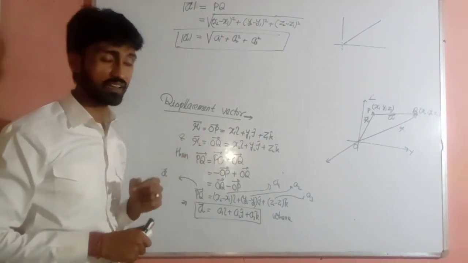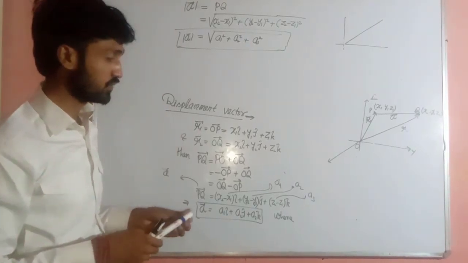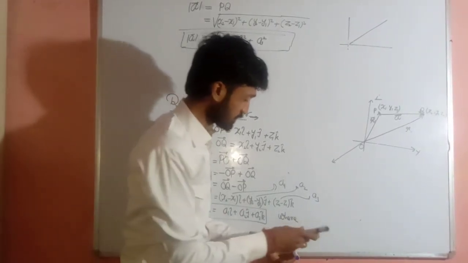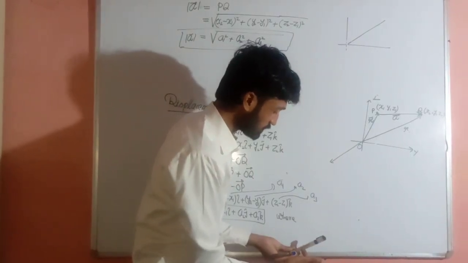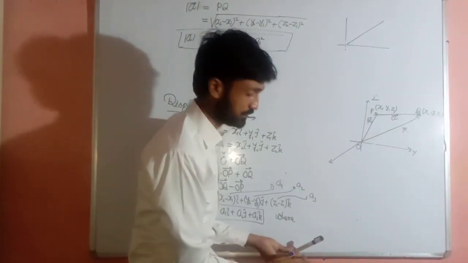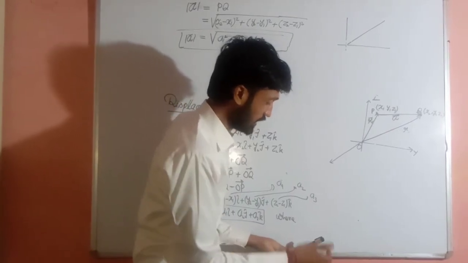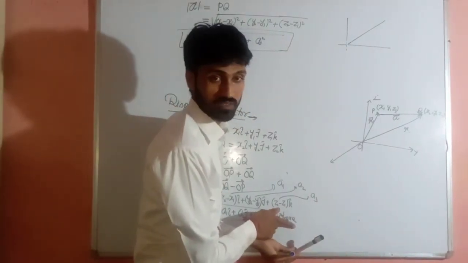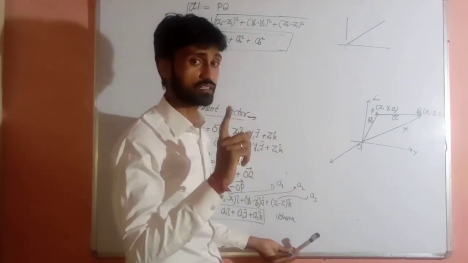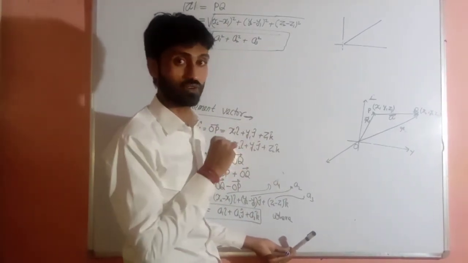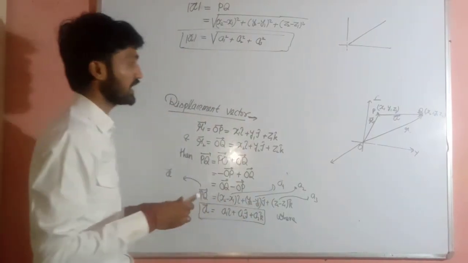We consider here three angles. Suppose this is a line, it makes an angle from the x-axis alpha, from the y-axis beta, and from the z-axis gamma. Then there is only one configuration possible for these angles. So we define here three angles.